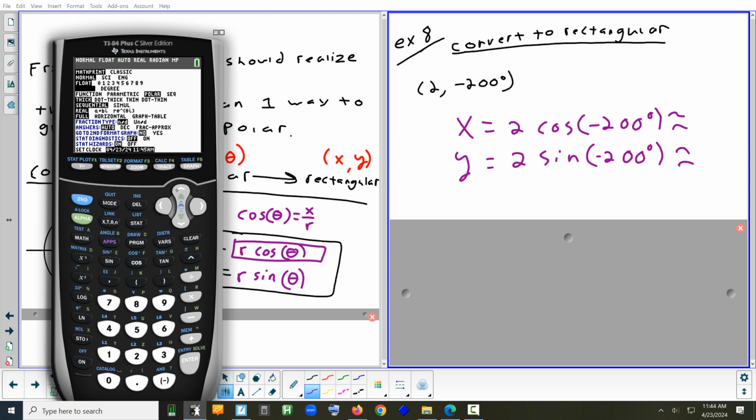Doesn't matter if you're in polar or parametric. We're not graphed. Okay. So we're gonna type in 2 cosine negative 200. 2 sine negative 200. So it's negative 1.88.